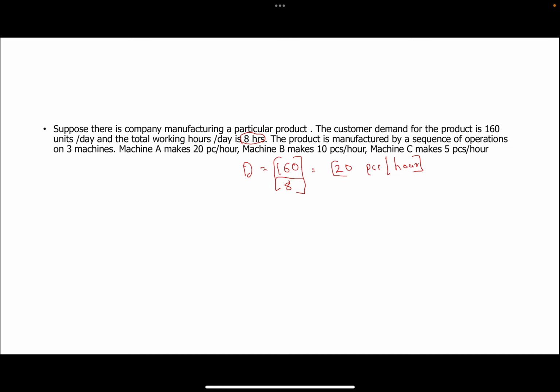And you can see that machine A makes 20 pieces. The sequence of operation is from machine A to B to C. So machine A makes 20 pieces, which is in line with our demand.